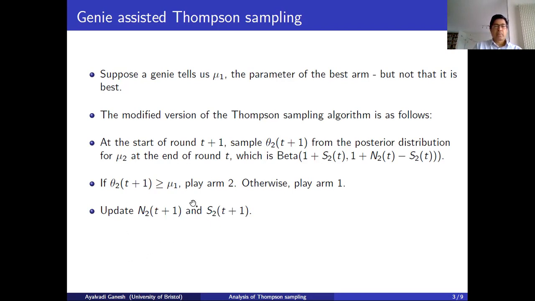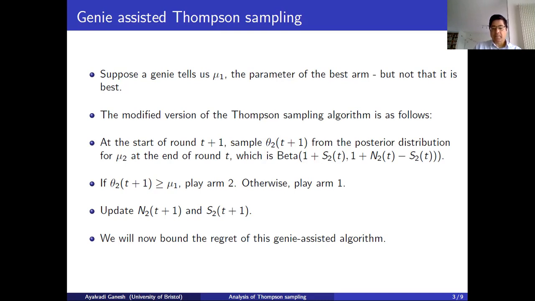Okay, so if we end up playing arm 2, then we update the number of times this arm has been played and the number of successes we observed. And based on that, we also update the posterior distribution. So this is the algorithm we are going to study now, and this is easy enough to analyze exactly.